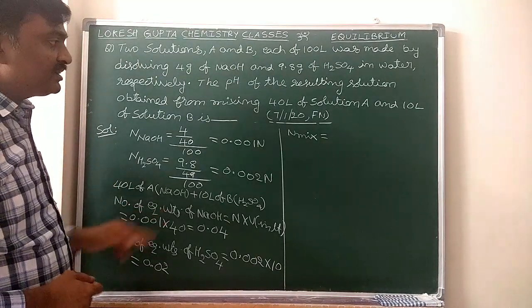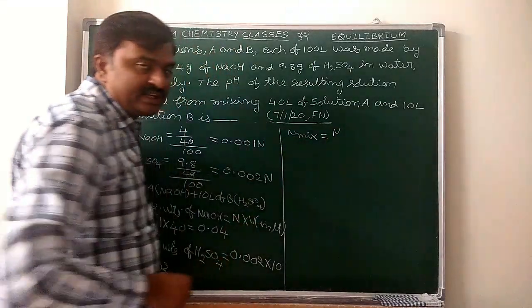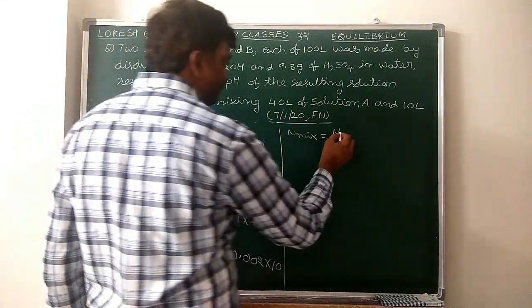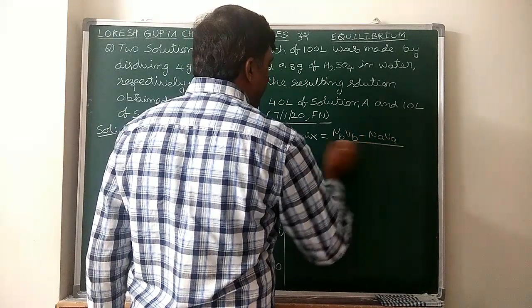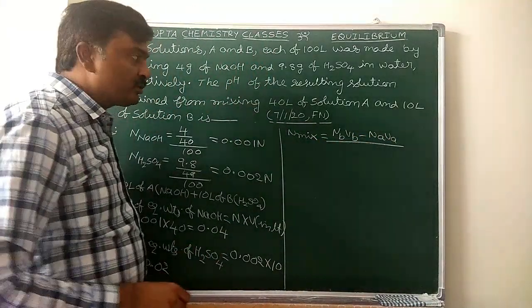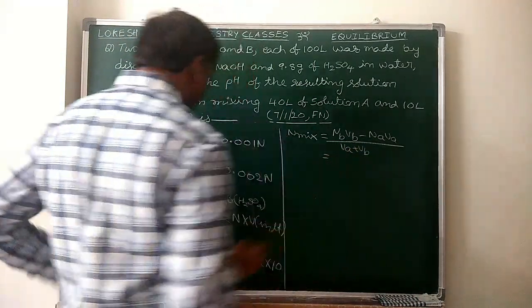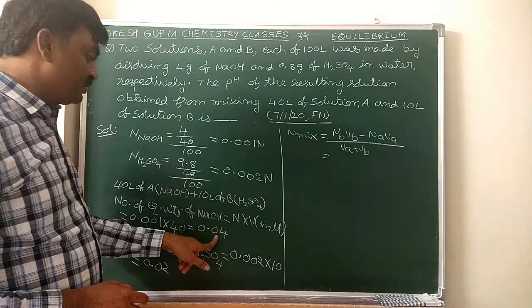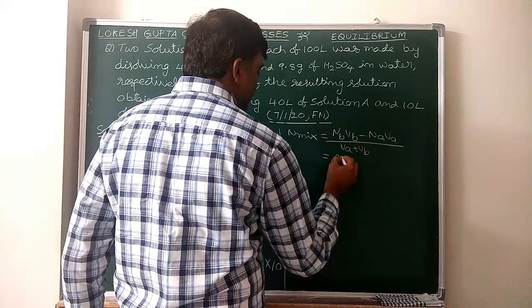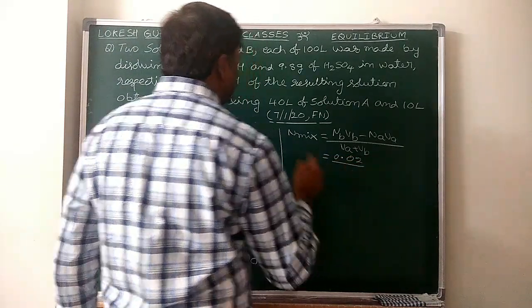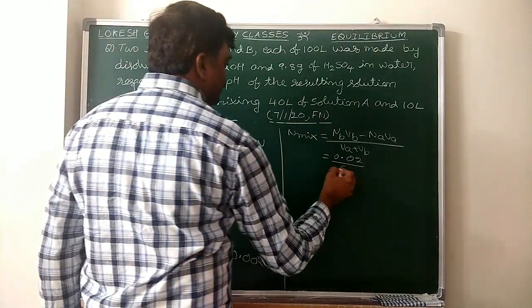Now what is the normality of the resulting mixture? The number of equivalent weights of base left behind, NBVB minus NAVA, divided by the total volume VA plus VB. NBVB is 0.04 minus 0.02, so 0.02, by the total volume 40 liters plus 10 liters, so 50 liters.